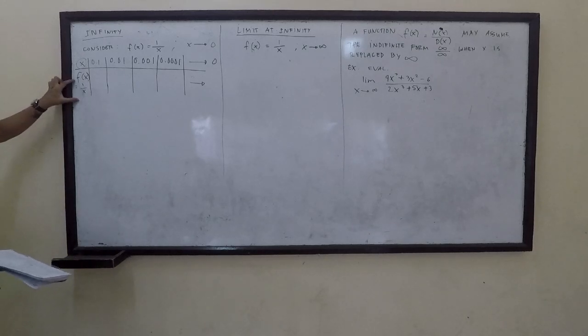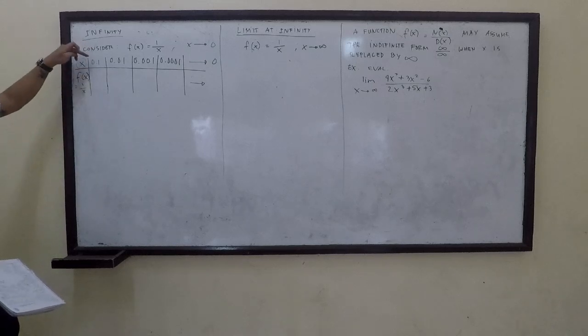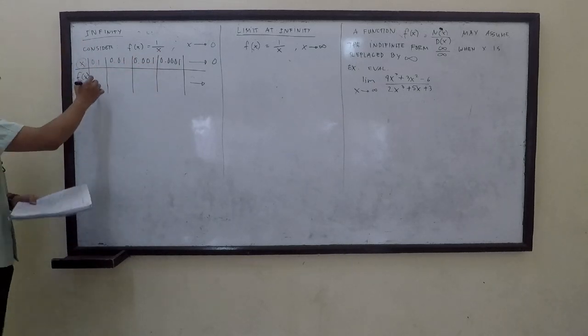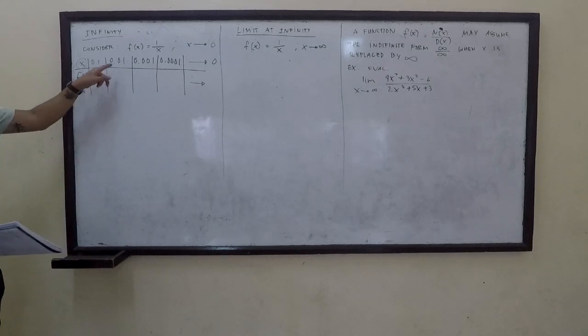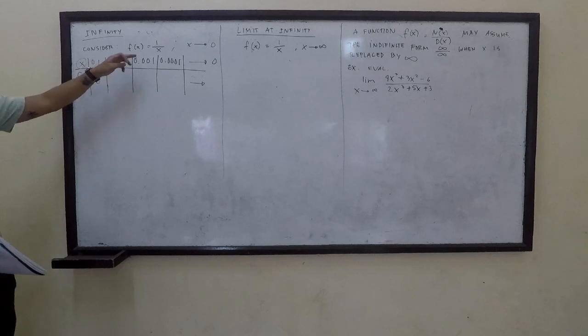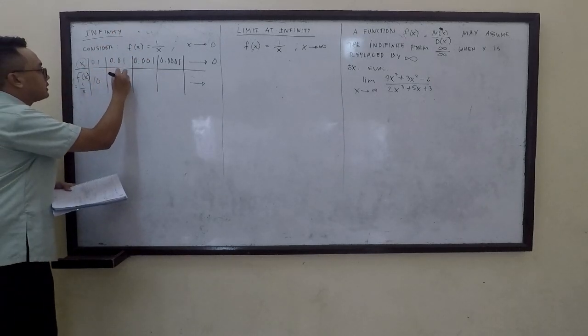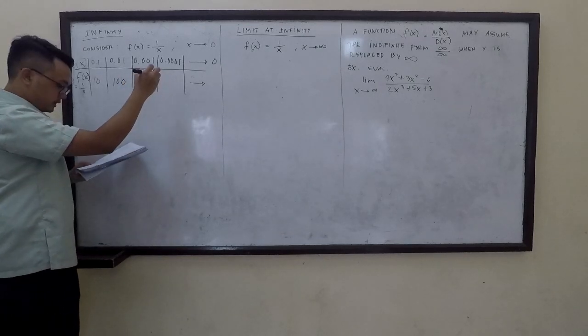Then of course, f of x is just 1 over x. If you substitute 0.1 for x, this is going to be 10. If x is 0.01, then 1 divided by 0.01 is 100. Then this is 1,000, then this is 10,000.